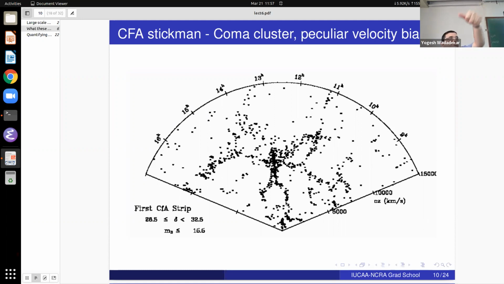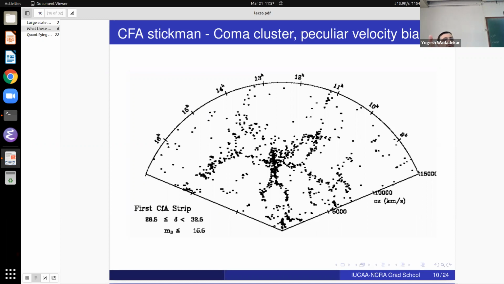So this plot gets stretched in the radial direction. What's plotted along the curve is the right ascension of the galaxies, and what is plotted along the radius is the recession velocity.